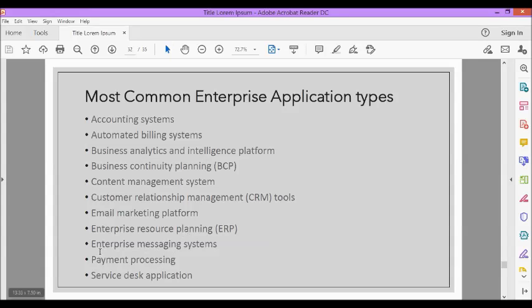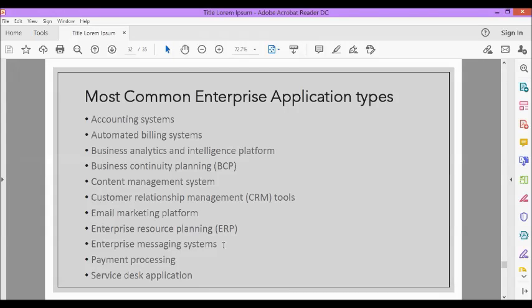Now let's proceed with enterprise messaging systems. It is an enterprise-grade system that enables program-to-program messaging between applications and systems throughout an enterprise. Next, we have the payment processing. It describes the process and service that automates payment transactions between the shopper and the merchant.